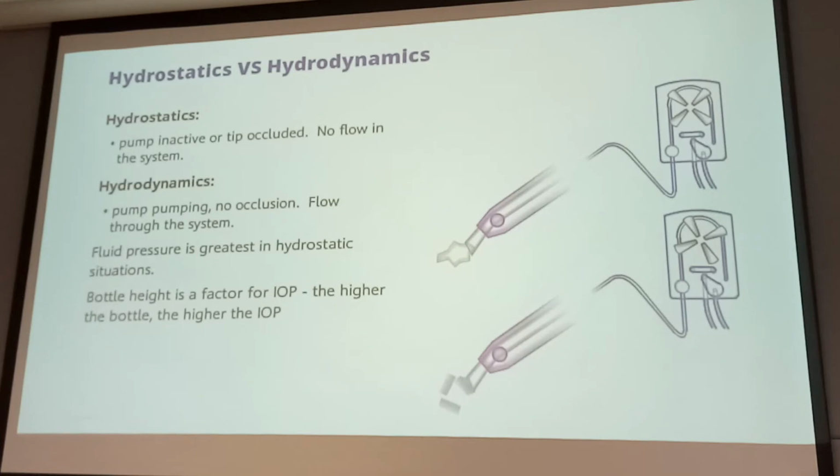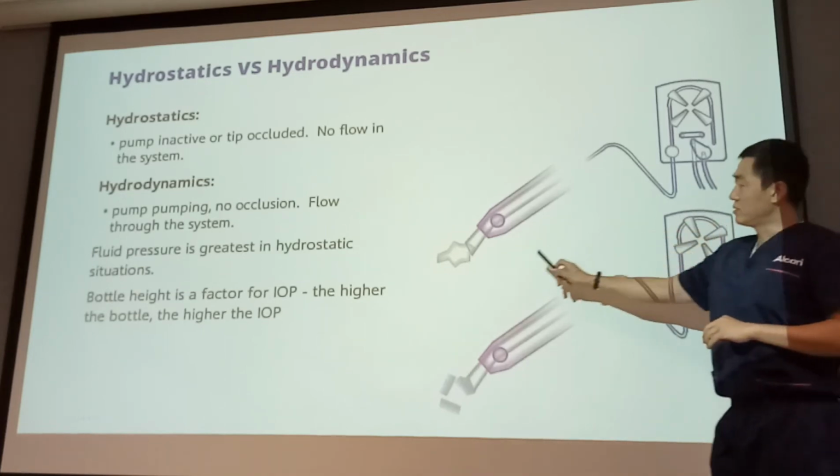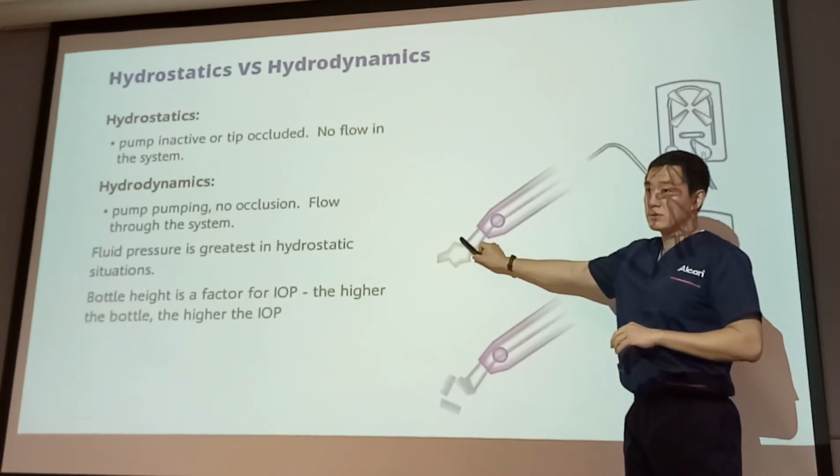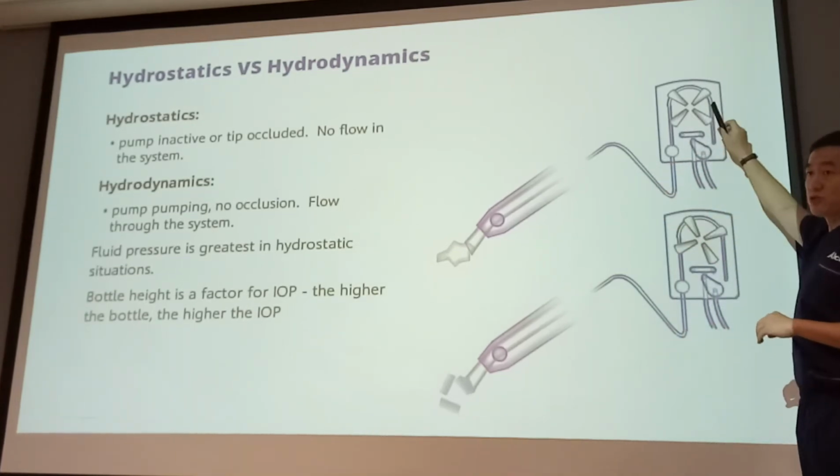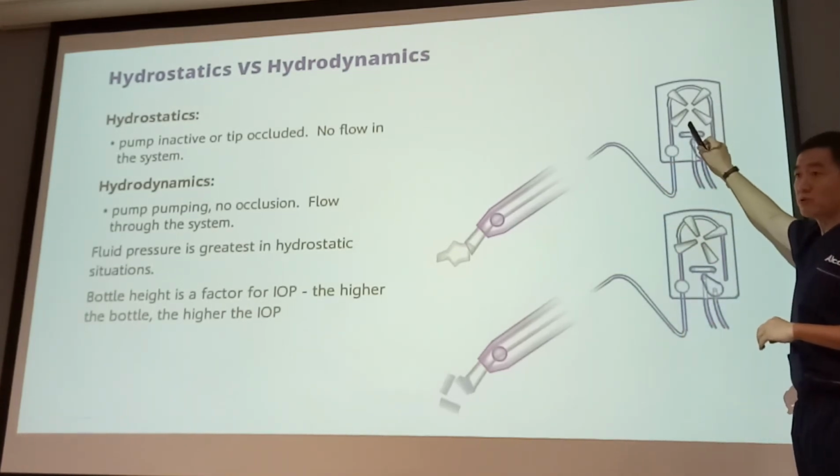So there is something we must balance. Nothing is perfect. When we're talking about phacodynamics, sometimes we think about hydrostatics, and sometimes hydrodynamics. When the nucleus is held and the whole system reaches the vacuum, the whole system will stop. So it's a balance.